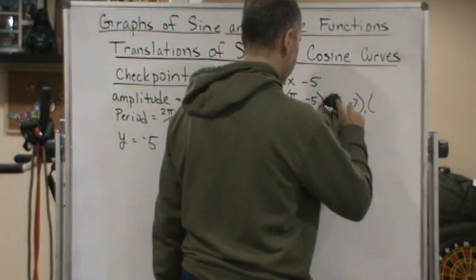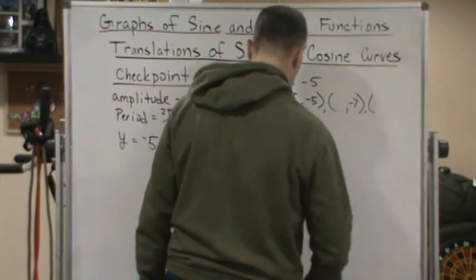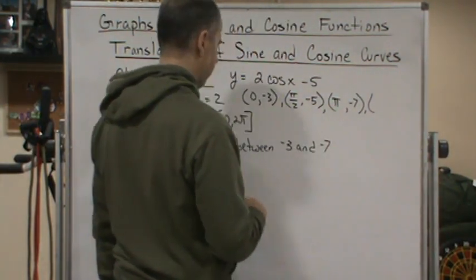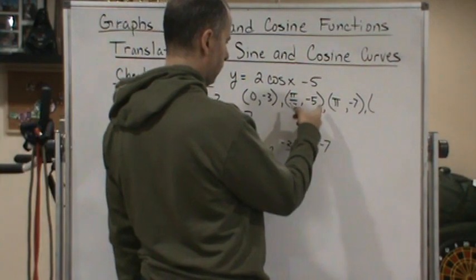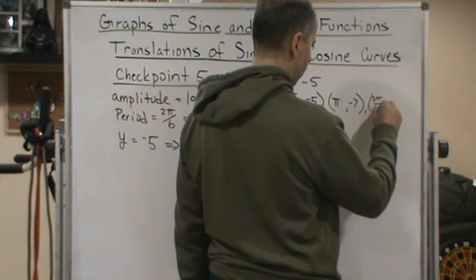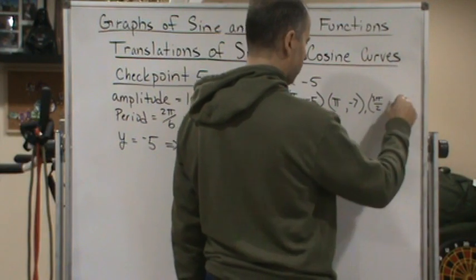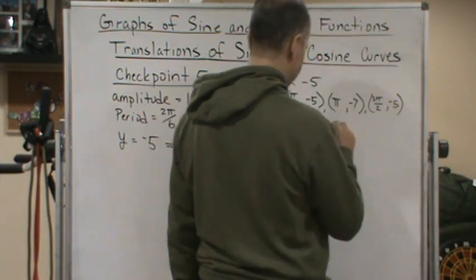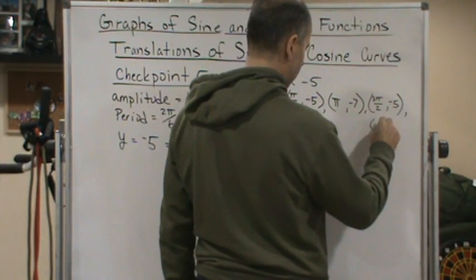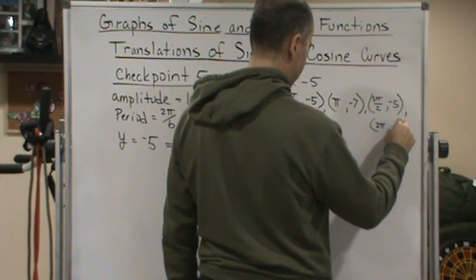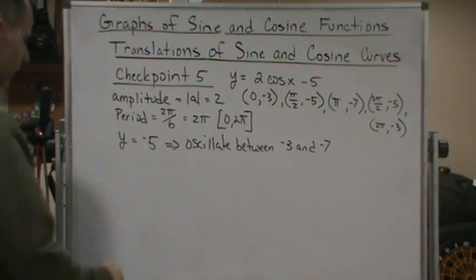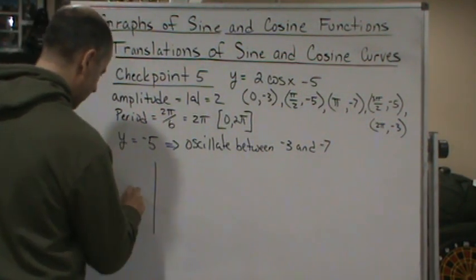That's not 3 pi over 2. That's pi. Sorry, this is pi. Right. So 0, pi over 2, pi, comma negative 7. Now it's going to go to 3 pi over 2. And now it's going to go back up to negative 5. And then finally, the last point here is going to be 2 pi, and it's going to go back to negative 3.